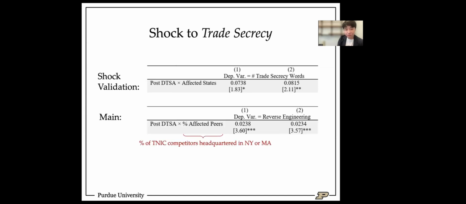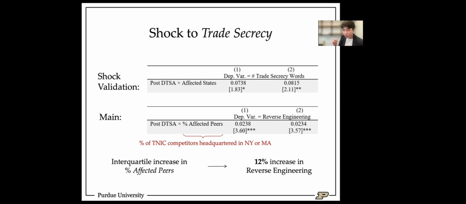Then, using that validation, we test whether the amount of peers headquartered in those two states, whether those companies are going to be engaging in more reverse engineering in the post period. And we do find that is the case. This economic magnitude is very similar to our main result, where there's around a 10%, or in this case 12%, increase in the amount of reverse engineering activities.